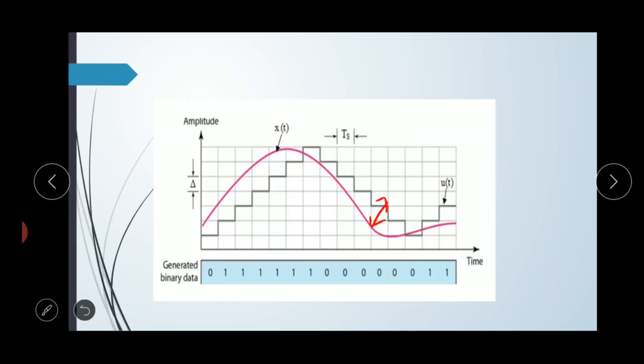At that time granular noise occurs. Means in this case the step size looks large enough to approximate it, but in the previous case it looks very small to properly approximate it. So this is the disadvantage, and this type of problem can be solved by making variation in step sizes so that it can properly approximate the input signal.